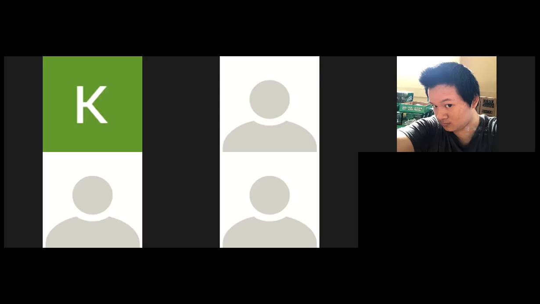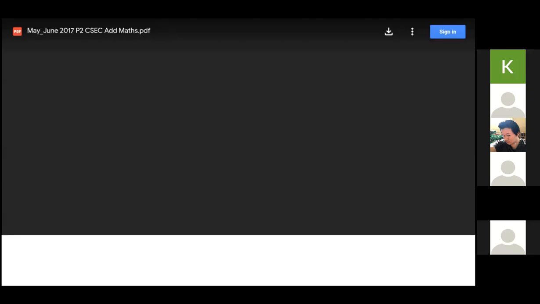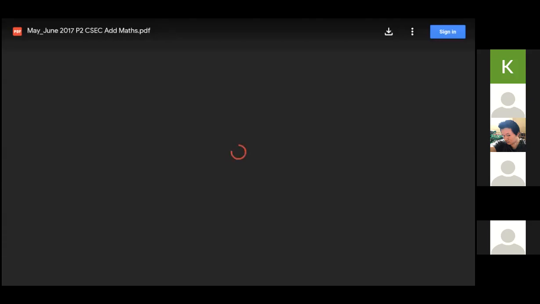So by being able to identify what M and C are, you'll be able to plot that graph. I need to show you. It's taking forever.